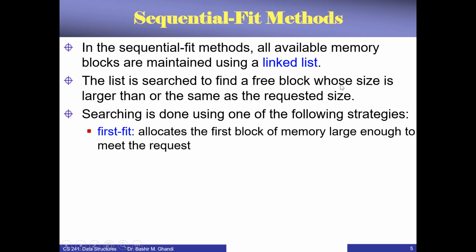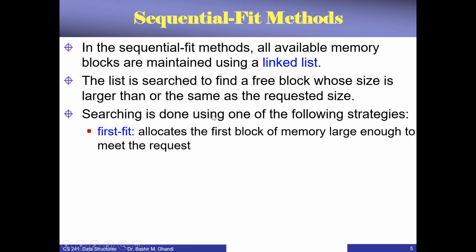The memory manager will allocate the first block of memory large enough to meet the request. In other words, it will start searching from the beginning of the list until it finds the first block whose size is big enough to satisfy the request. So it will allocate from that block.